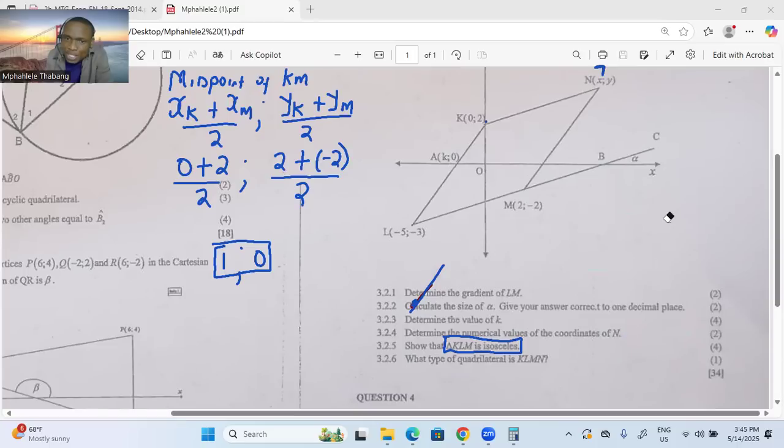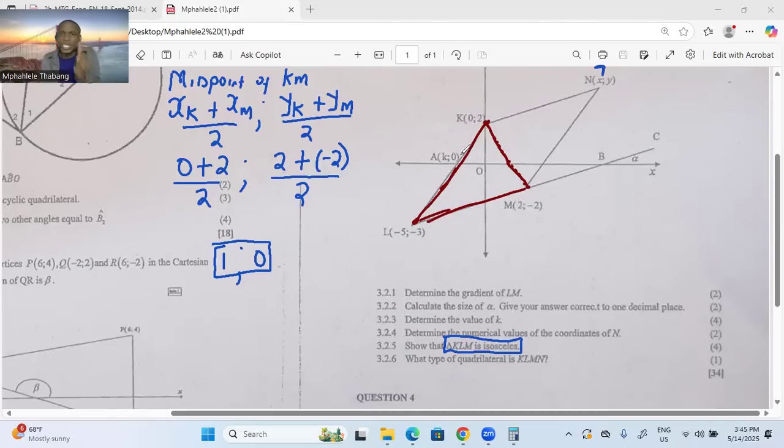Let me identify the triangle he's talking about: K, L, M. So isosceles must have two sides that are equal.